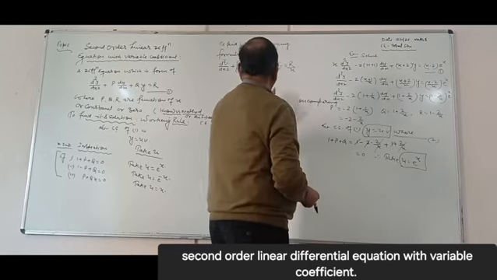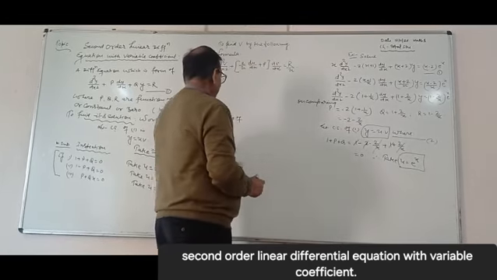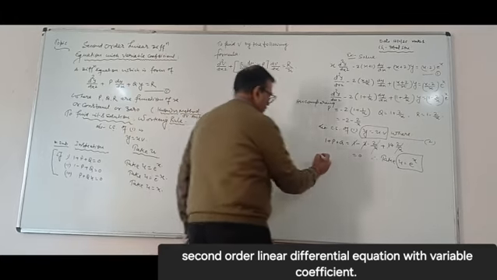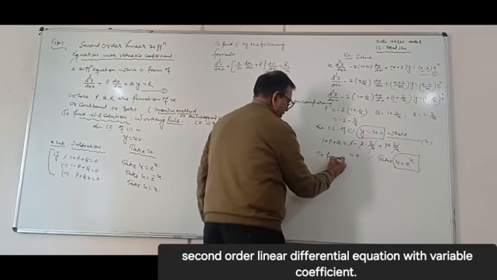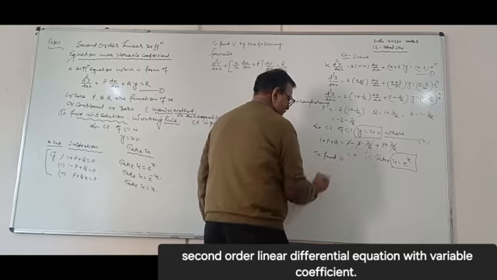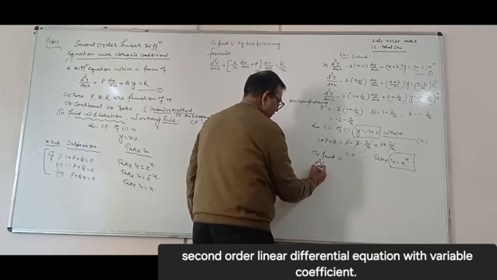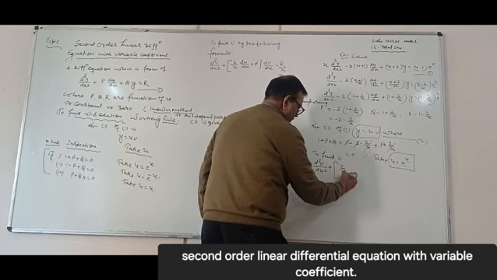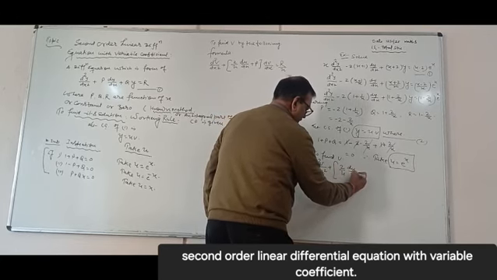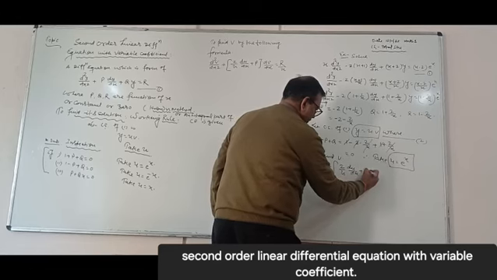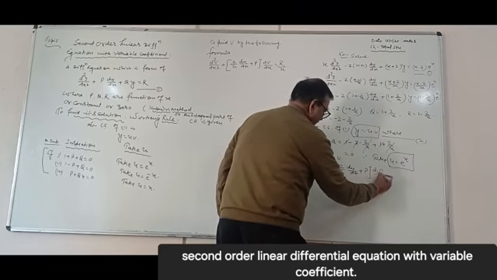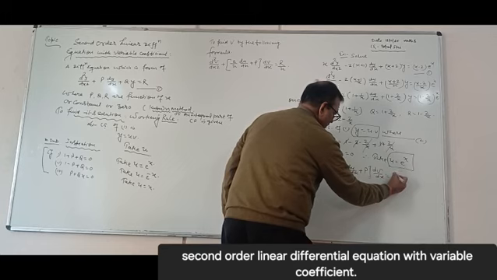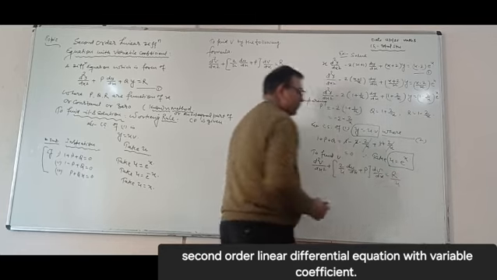So now you find v. To find v, use the formula d²v/dx² + (2/u)(du/dx) + p(dv/dx) = r/u.